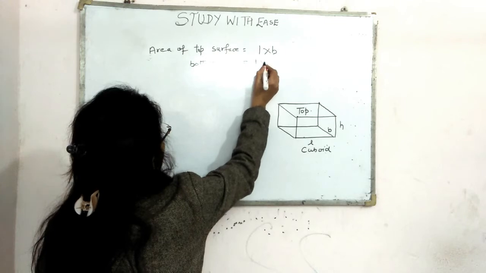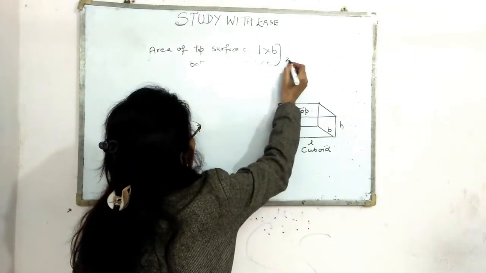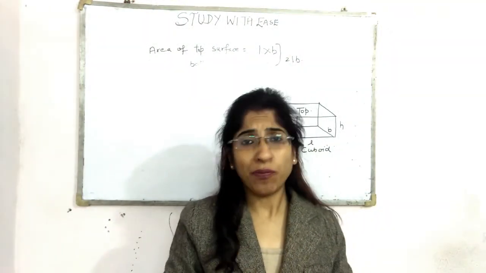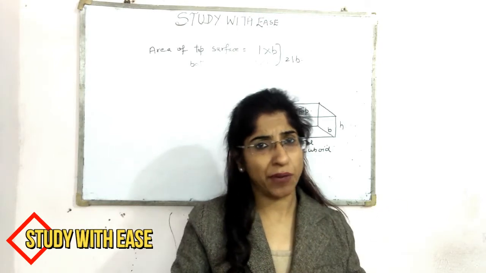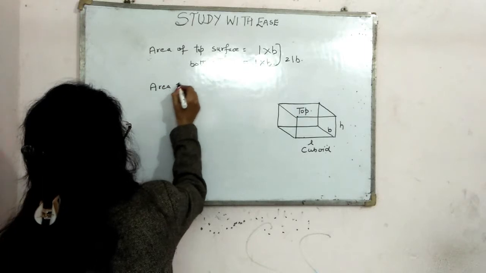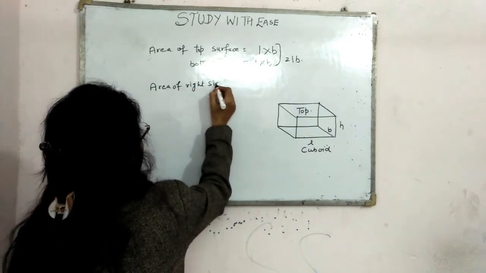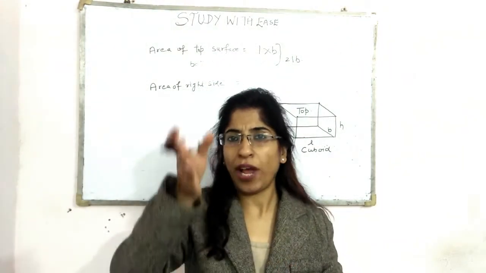It is also L into B. If we join them, we will get 2LB. In the same way, we will find the area of right side surface and left side surface. Area of right side surface will be B into H.